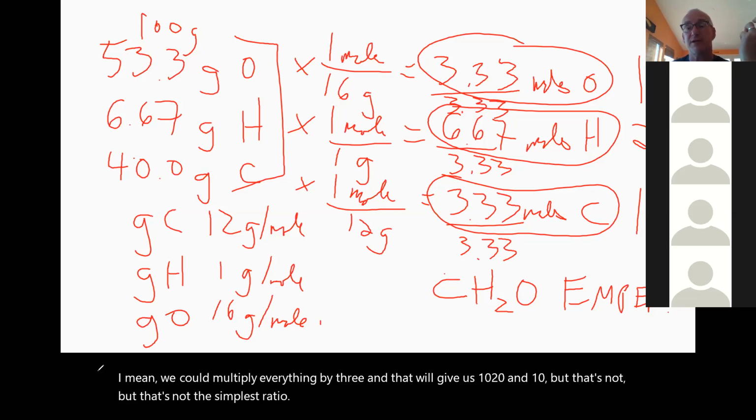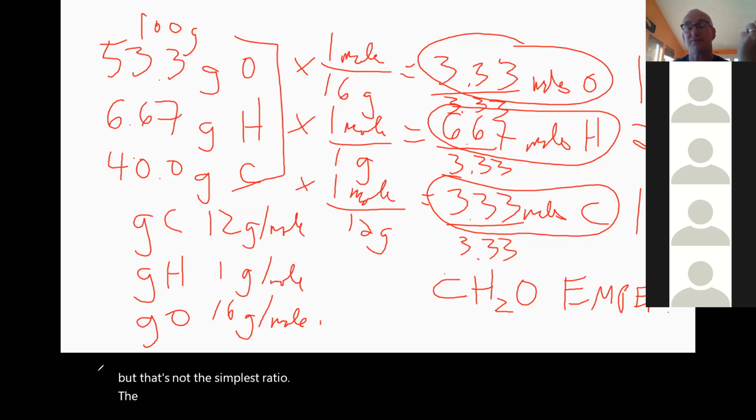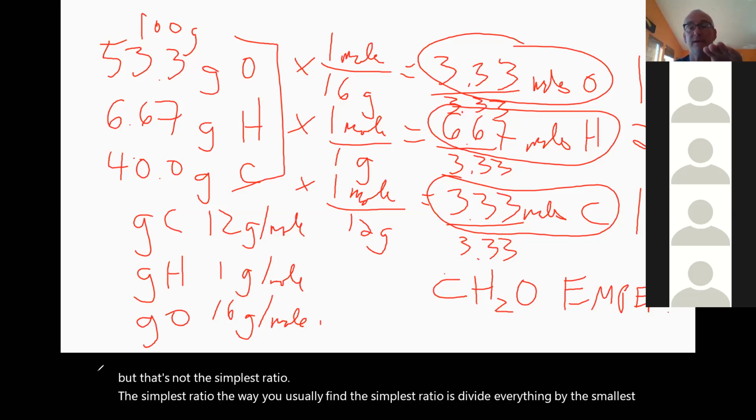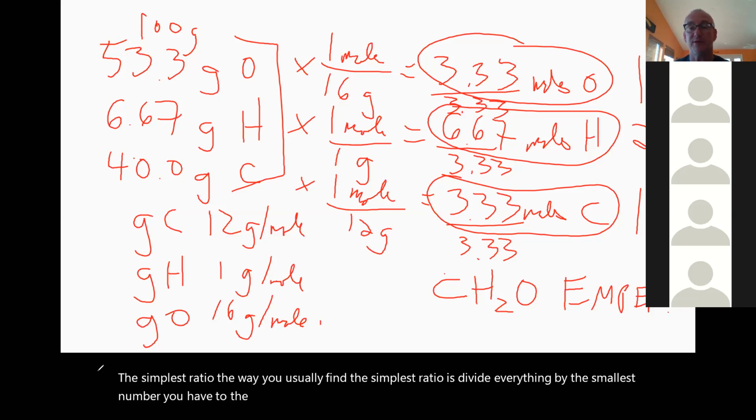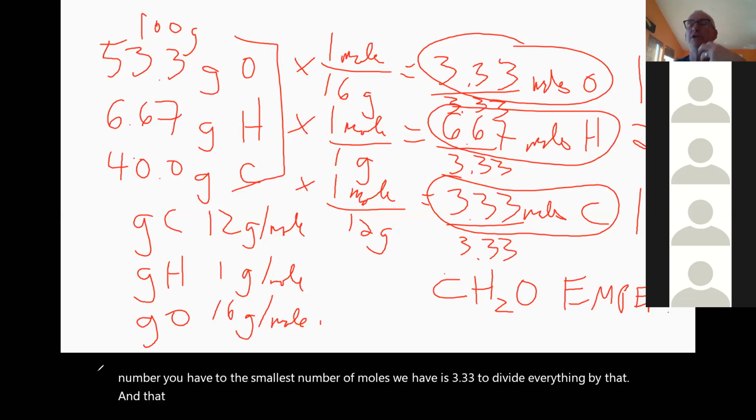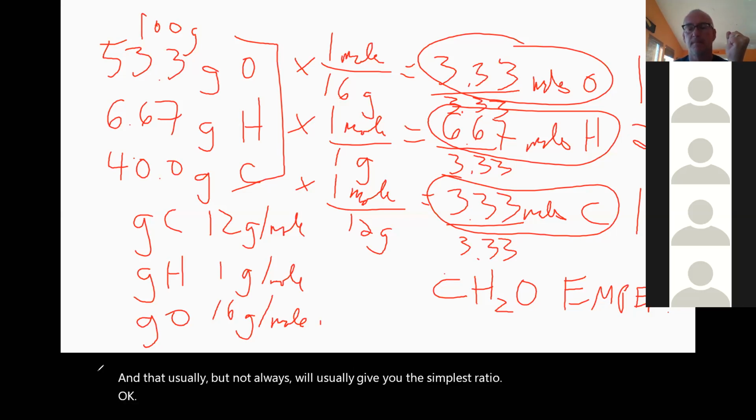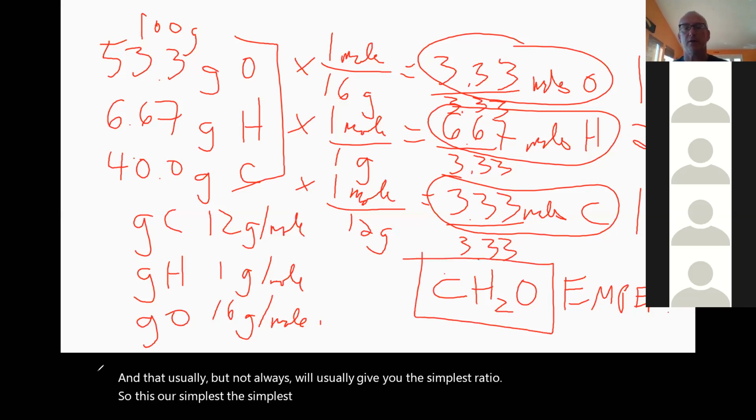The way you usually find the simplest ratio is to divide everything by the smallest number you have. The smallest number of moles we have is 3.33. So divide everything by that, and that will usually, but not always, give you the simplest ratio. Okay? So this is the simplest ratio we can show.